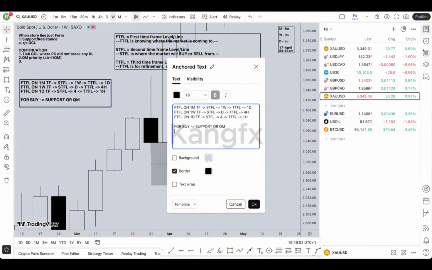Then for selling, if you want to sell, the only thing we look for is going to be resistance or QM. When we are on STFL, these are the only two things we look out for: support, resistance, or QM.